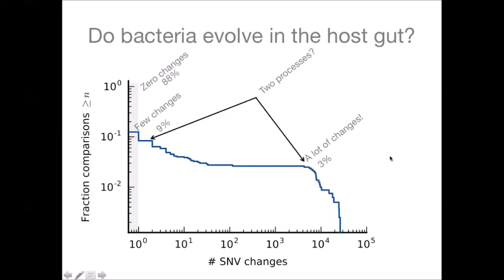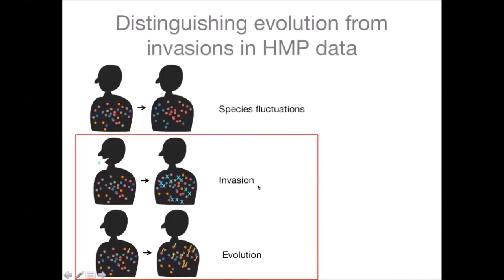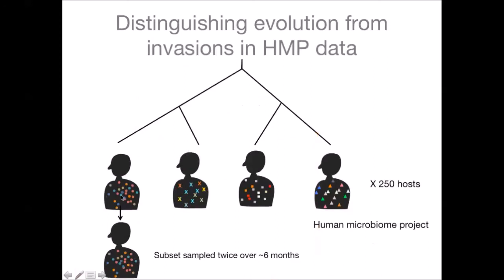What could those 2 processes be? Well, it turns out that the 2 processes are invasion versus evolution. Let's think about that. So if we take our human microbiome host and we take the B. vulgaris bacterium, for example, and we make a tree, we can see the evolutionary history of all the strains of B. vulgaris collected across these different hosts.